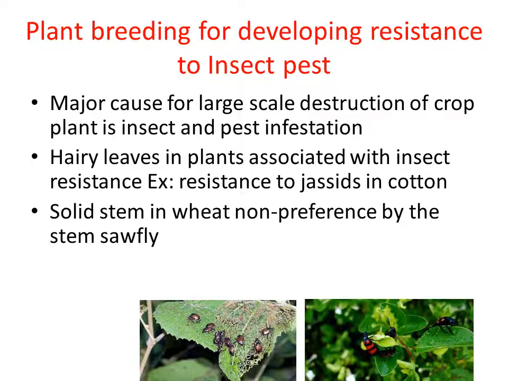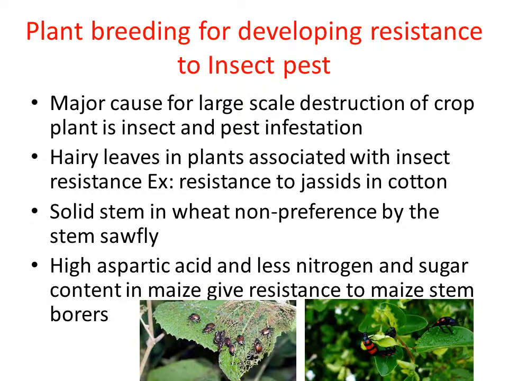Because of this nature, the wheat stem is not attacked by the stem sawfly, right? So this is one character that can be seen in the wheat plant. Because of this, the sawfly won't attack the stem of the wheat plant, right?